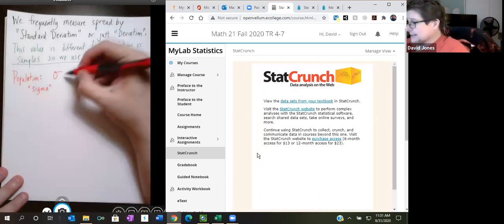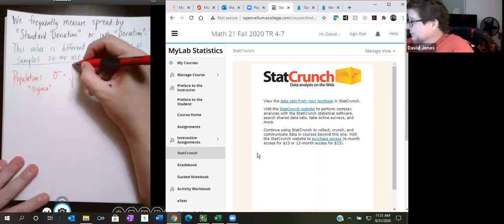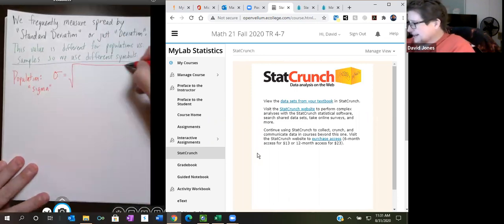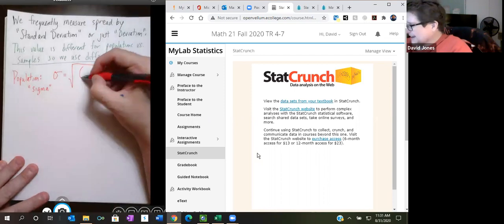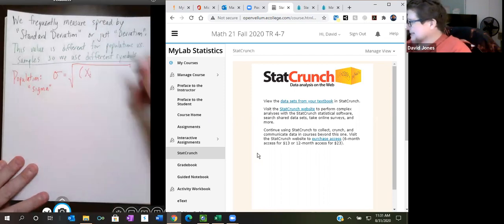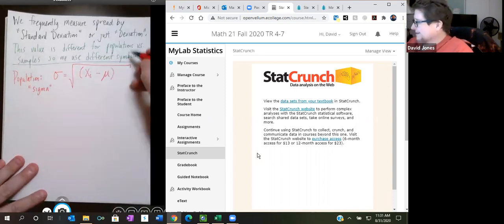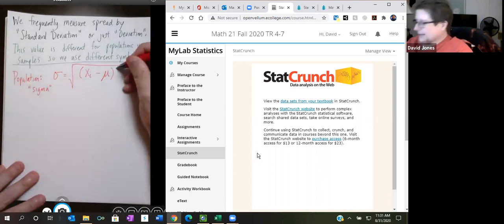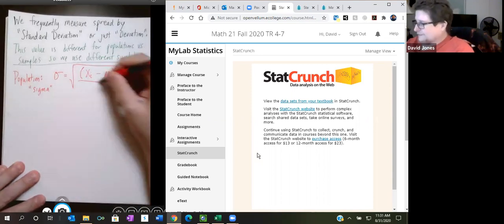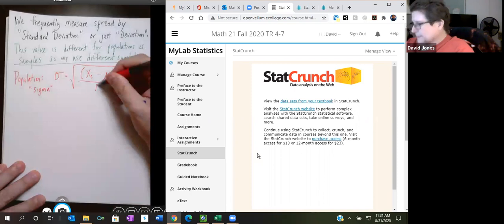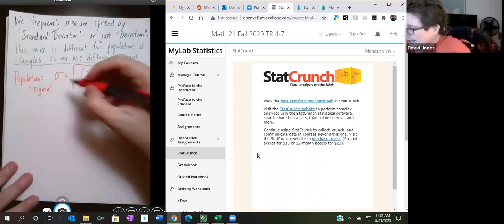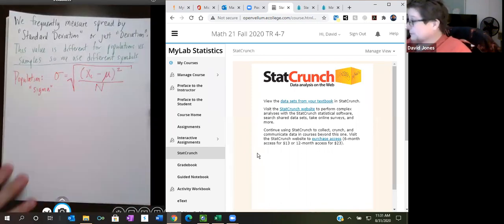And what it is, this is the square root of, you're going to take every single data term, the xi, then you subtract the population mean from it, mu, you square them, you divide by the population size, which is capital N, and then you take the square root.